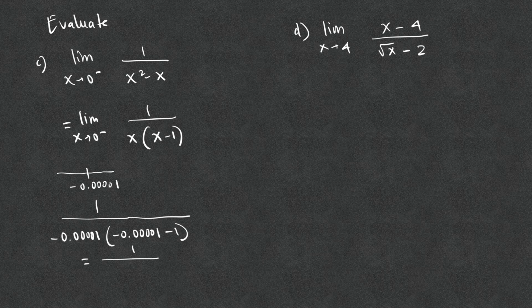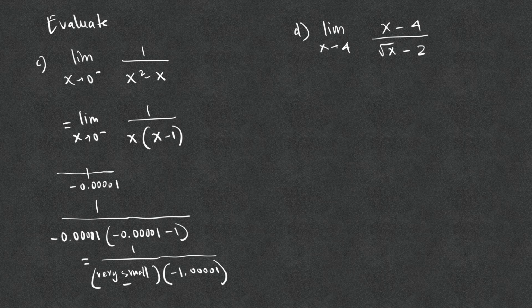For the denominator, remember, when x goes to 0 from the left, we use negative 0.00001 to indicate a very small negative number, but it's not quite this finite number. And so we go back to using the notation: very small negative number times negative 0.00001 minus 1, which is a number very close to negative 1.00001.